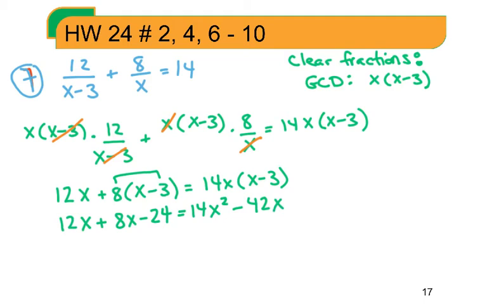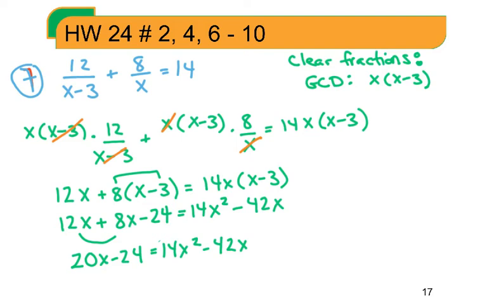Now, I don't want to move this to that side because then it will become negative. So what I'm going to do is first combine these two. I have 12 and 8, which makes 20x minus 24 equals 14x squared minus 42x.